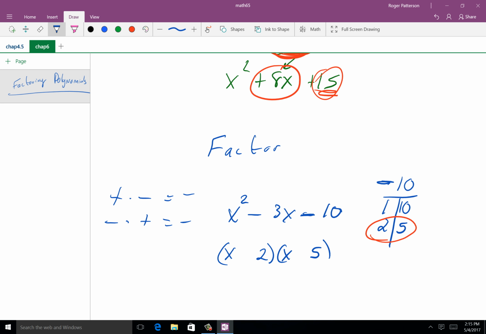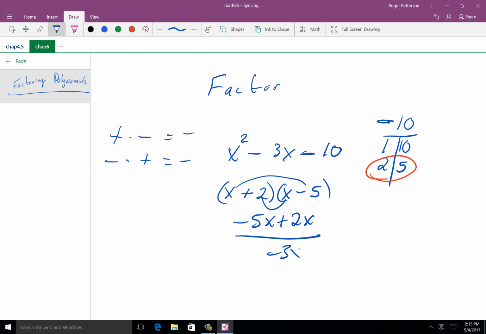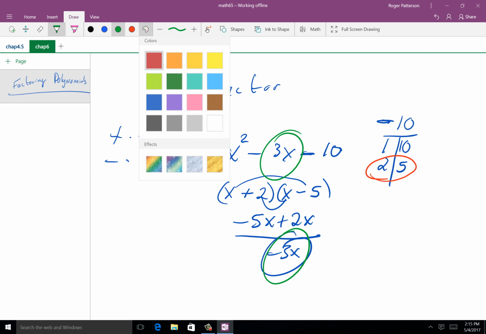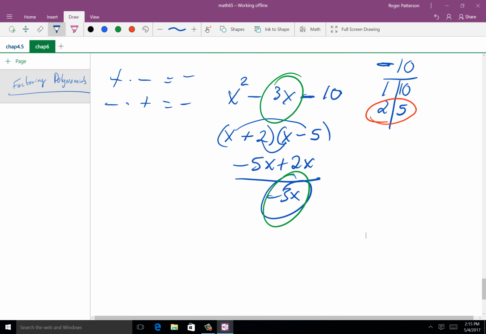So, if I make the 5 negative and the 2 positive, and I look at this, I get a negative 5x plus 2x. And negative 5x plus 2x is negative 3x, which is what I'm searching for. Okay, so that means that my answer is exactly what I guessed it to be.